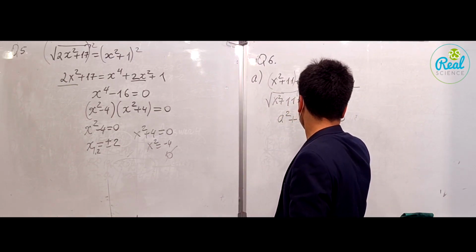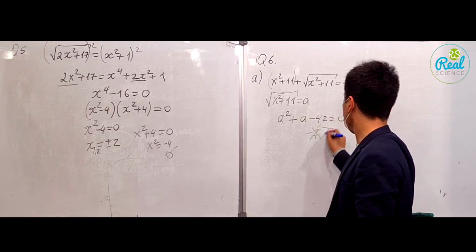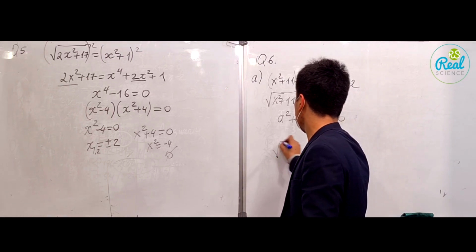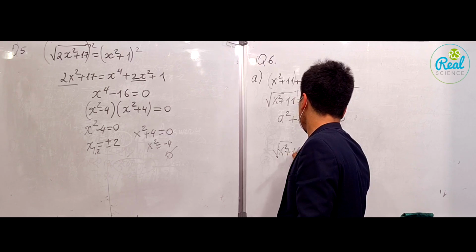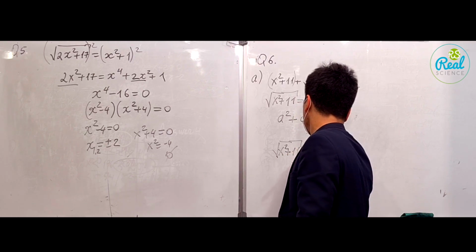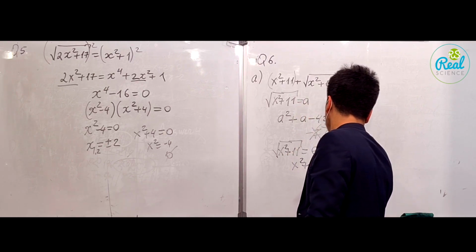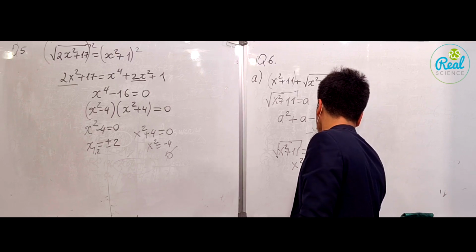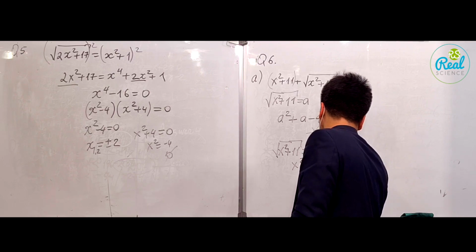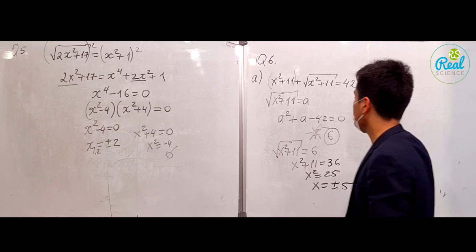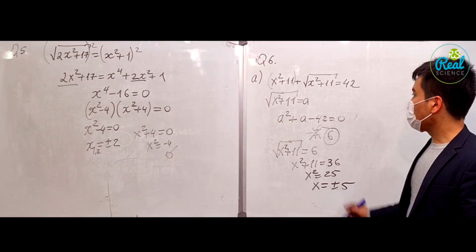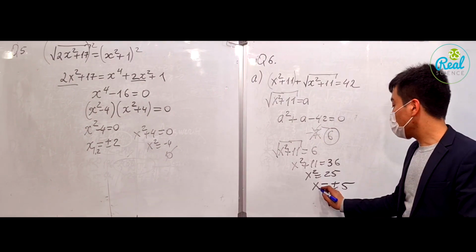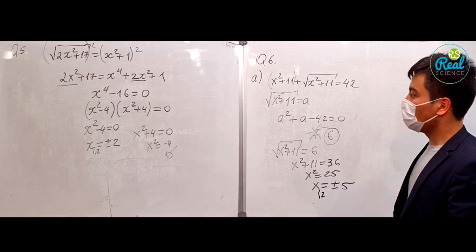But a square root cannot be negative, only positive. Yeah? X squared plus 11 is 6 plus 36. X squared is 25, plus or minus 5. Both are possible because that's x squared, and a square cannot be negative.